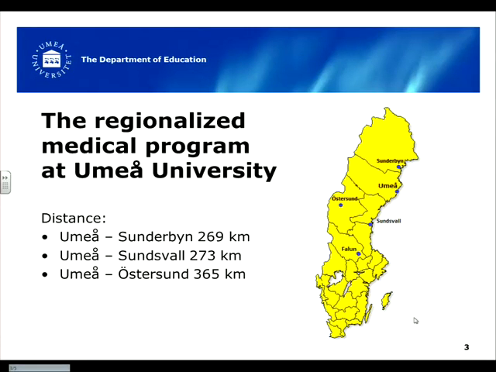And then they study there for the rest of their program. As you can see, these cities are quite far from each other, but they are all students at Umeå University. We have also marked out Falun, so you can see the distances that we are talking about.